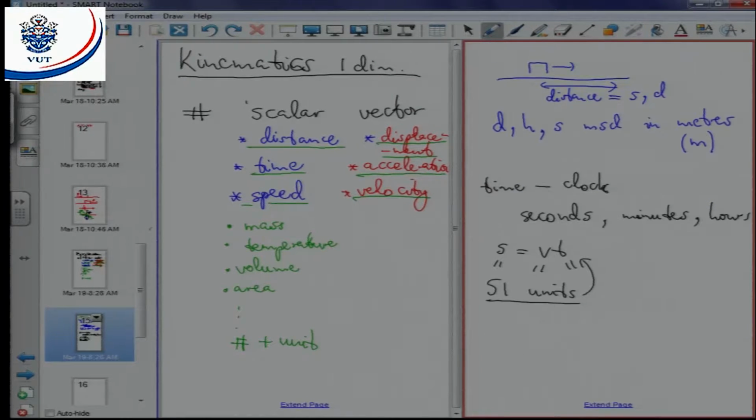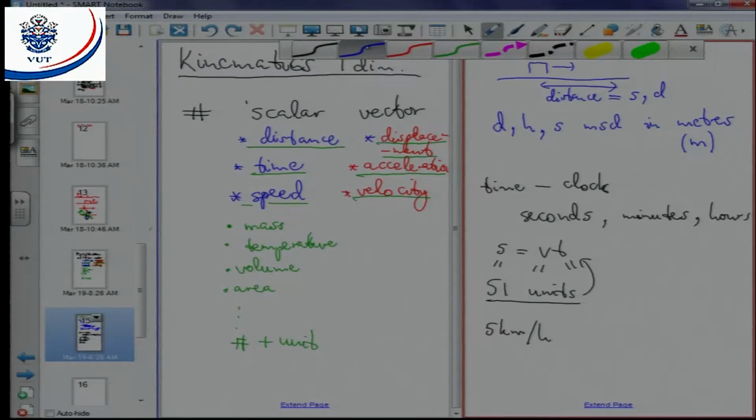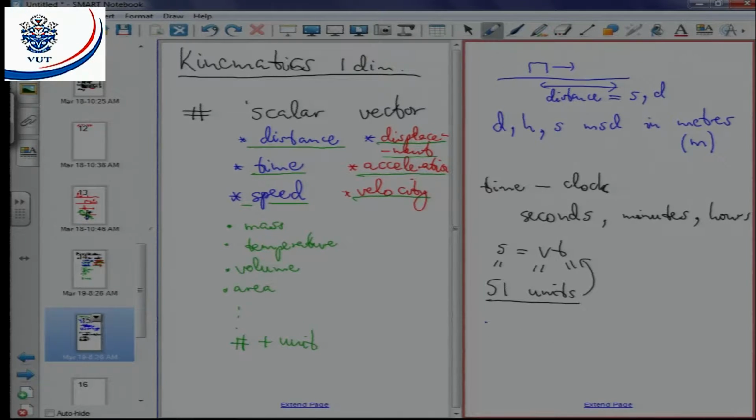So for example, say a car is moving at 5 kilometers per hour, and okay, 5 is a bad number. Let's just change 5. Okay, let's choose a clever number. So let's say we have 3.6 kilometers per hour, and the car travels for say 2 seconds. Okay, and we want to know what distance it covers.